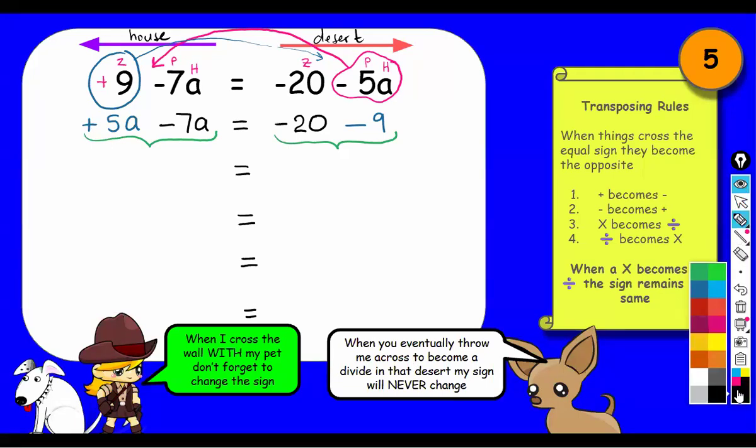Now, you're going to realize if you revise the work, like how to add and subtract fast, the question is like 10 times easier, right? So, +5A -7A is -2A.